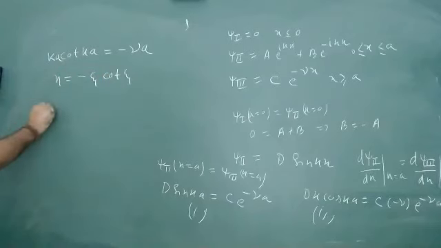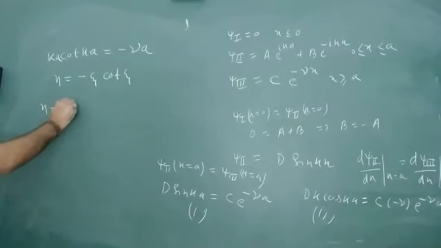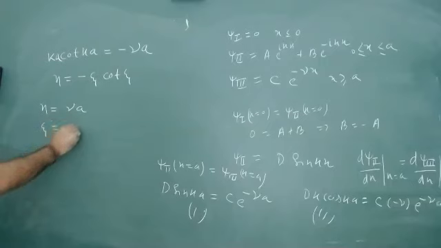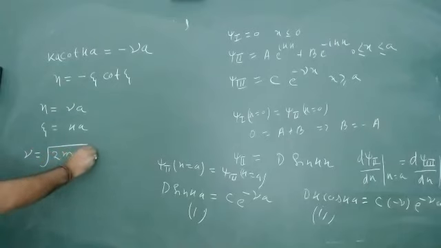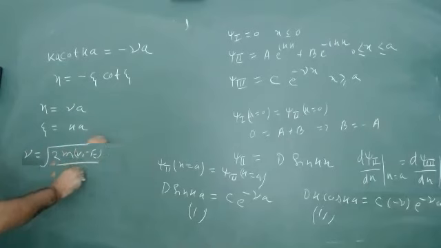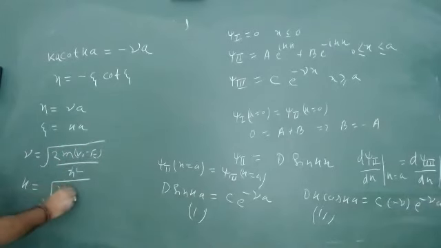What is eta? Eta is equal to gamma a. What is xi? Xi is equal to ka. What is gamma? Gamma is equal to root of 2m(V naught minus E) upon h bar squared. What is k? k is equal to root of 2mE upon h bar squared. What should be the next step?